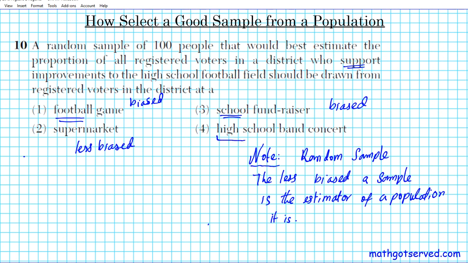Absolutely, you're selecting people that are in high school. That automatically gives them a bias towards supporting the improvements because they have a favorable view of improving anything related to high school. So the least biased population area is the supermarket, and this is the best way you can get a good random sample concerning the data you are trying to collect.